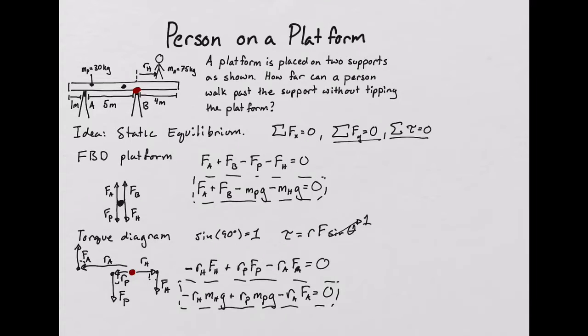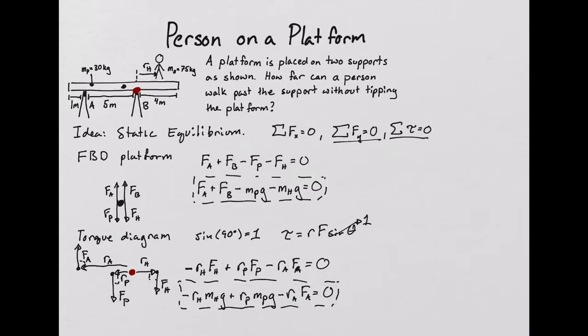However, it's going to help us to think critically about what's going to happen to this force F sub A as this system starts to tip. As the person walks further and further out, F sub A is going to get smaller and smaller until it finally goes to 0. At the point where F sub A goes to 0, this system will start to rotate.